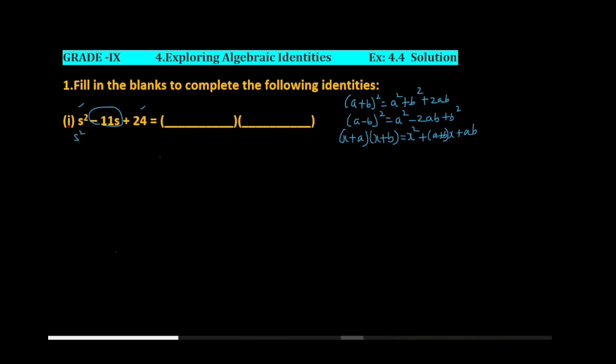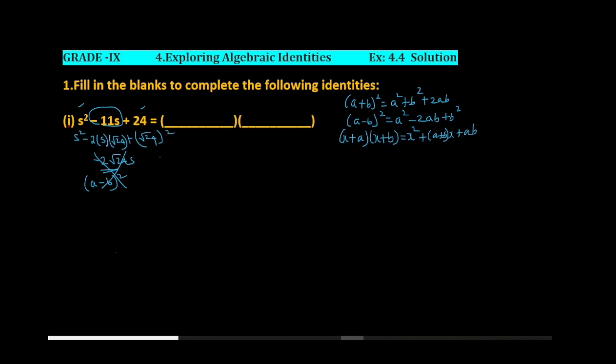If we take the square root of 24 as b, check the middle term, minus 2 into a into b, we need to get minus 2 square root of 24. But this is not our middle term. Our middle term is minus 11x. So we cannot factorize this as (a minus b) the whole square. That is wrong. So definitely we have to go with the identity (x plus a)(x plus b).